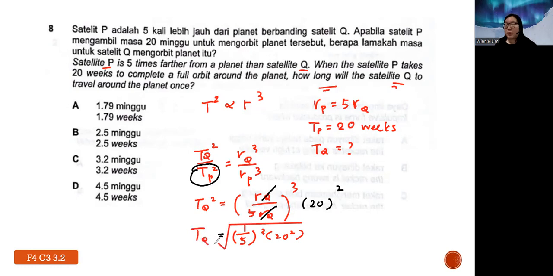So now you press the calculator. Supposedly you will get 3.2, then square root, 1.79. So the answer is A.